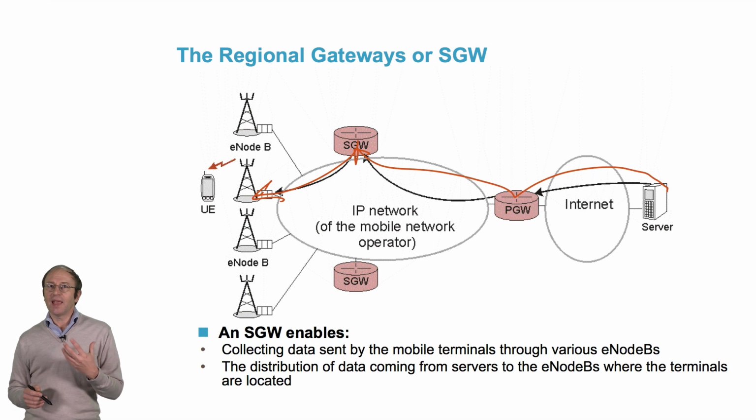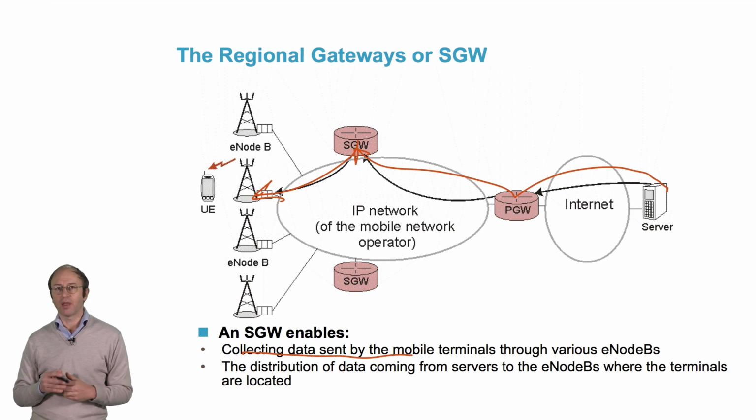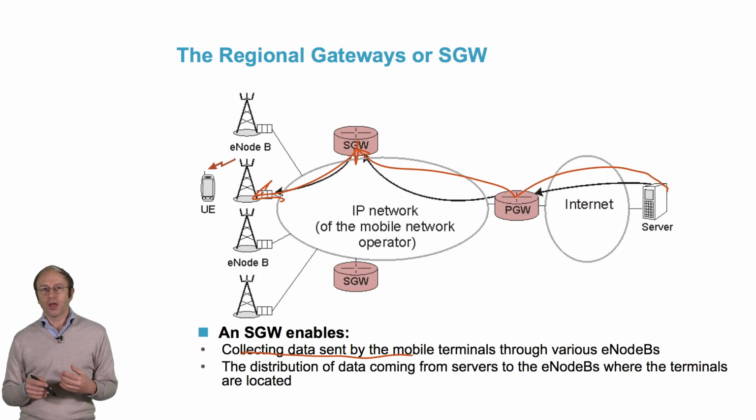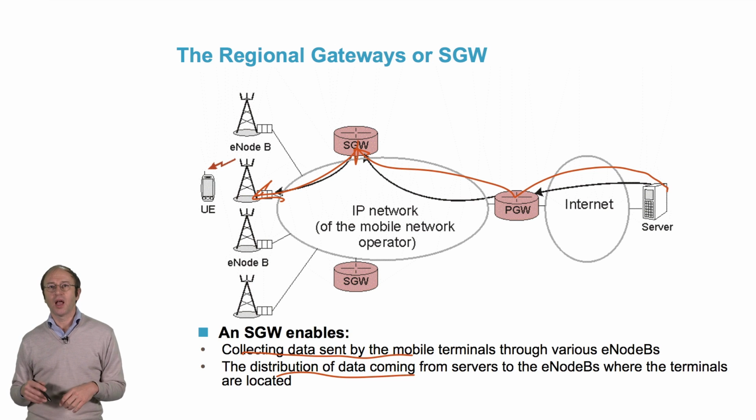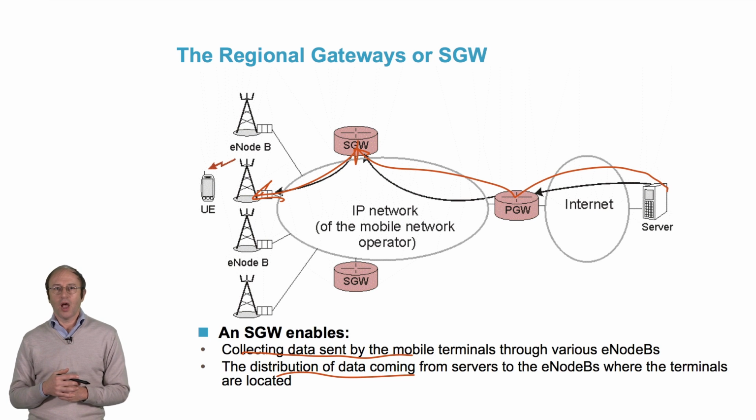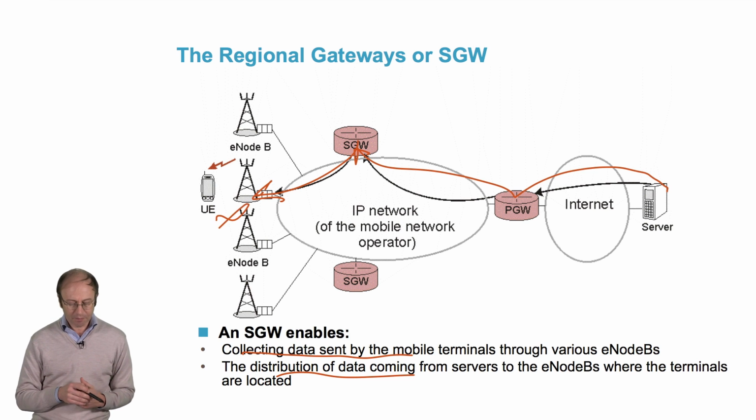So, an S gateway enables not only the collection of data sent by the mobile terminals to various eNode B, but also the distribution of data coming from servers to the eNode B where the terminal is, which is what we represented here.